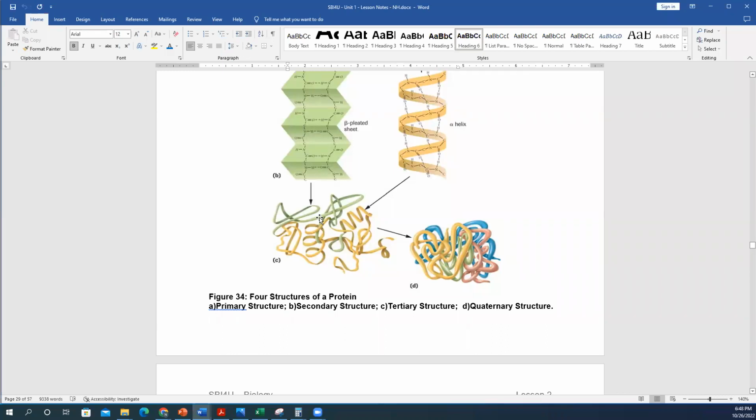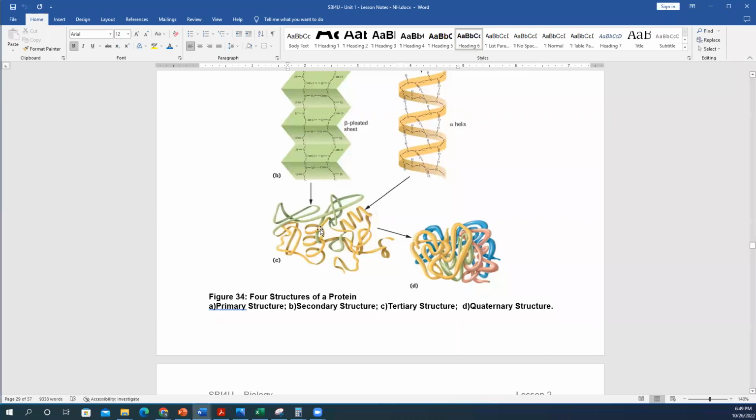And by not fitting in there anymore, it is now not able to adopt the right three-dimensional shape to catalyze that reaction effectively. Those side chains that need to carry out that chemical reaction are no longer positioned in the right orientation and are not able to form the right bonds in order to form and break bonds and catalyze the reaction.